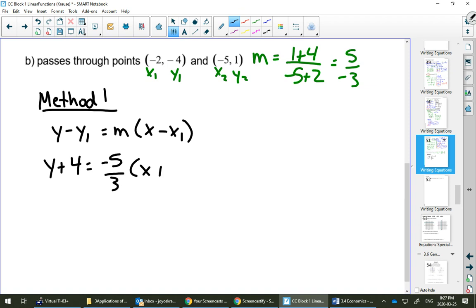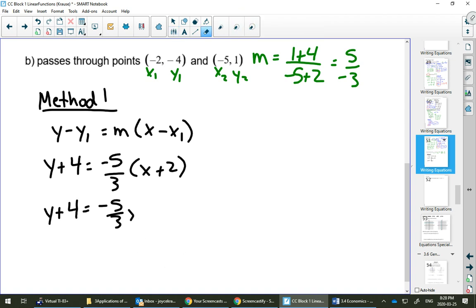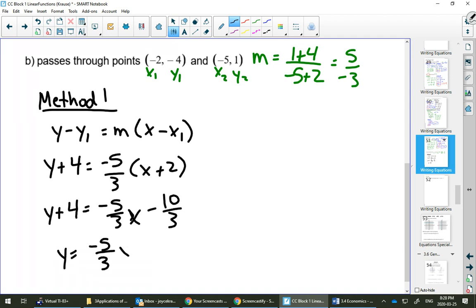And then x minus a negative 2, so x plus 2. Multiplying out, y plus 4 equals negative 5/3 x, and negative 5/3 times 2 is negative 10 over 3. Subtracting 4, we're going to have negative 5/3 x minus 22 over 3.